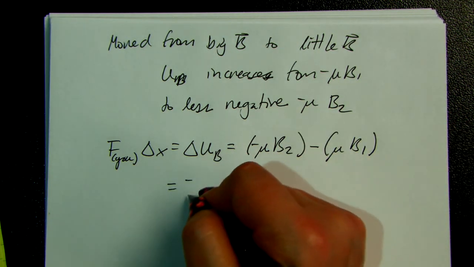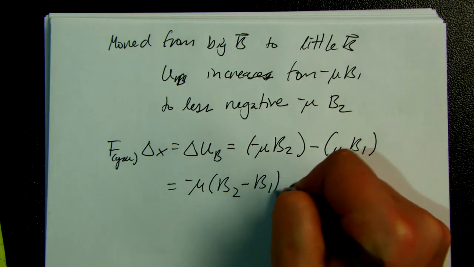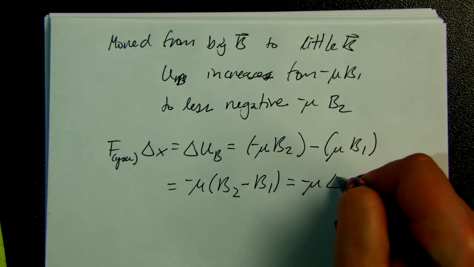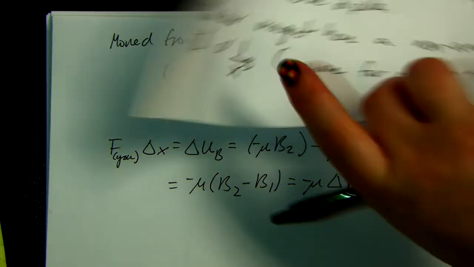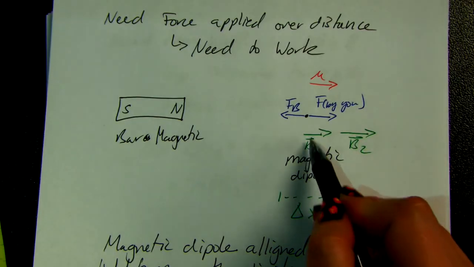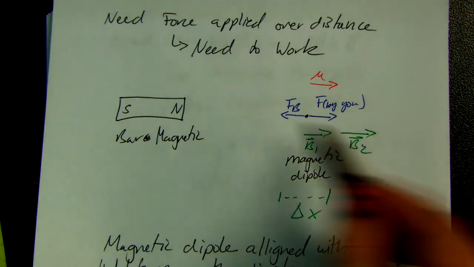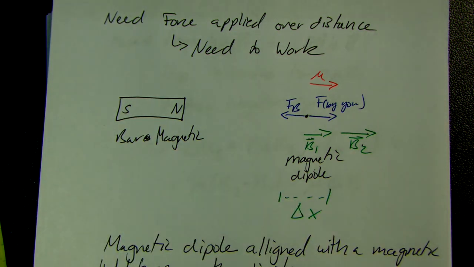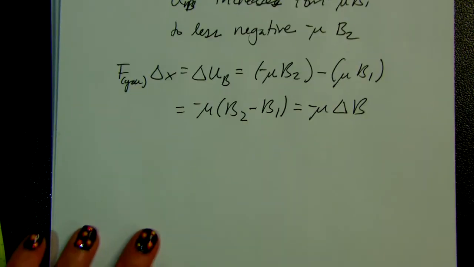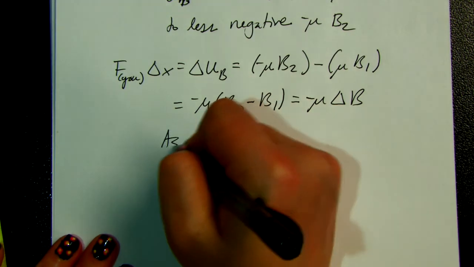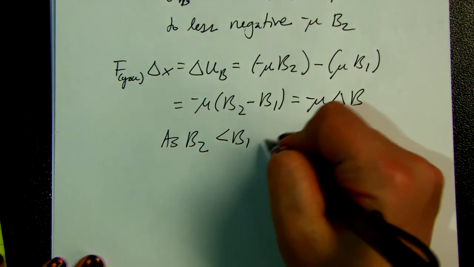And this is equal to minus mu times B2 minus B1, which is equal to minus mu delta B. So once again, looking back at our picture, over delta x, we had a bigger field here, and then when we moved it to a smaller field, B2. Of course, both of these fields are coming from the bar magnet. All right, so as B2 is less than B1, this is greater than 0.